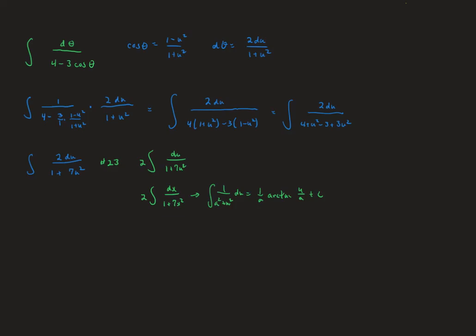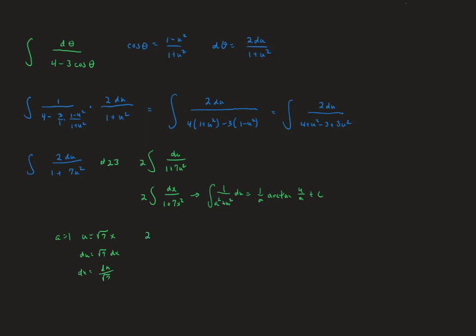So for us, it looks like the a is going to be 1, and the u is going to be the square root of 7 times x. And so that means our du is going to be square root of 7 dx, so our dx is going to be du over the square root of 7.